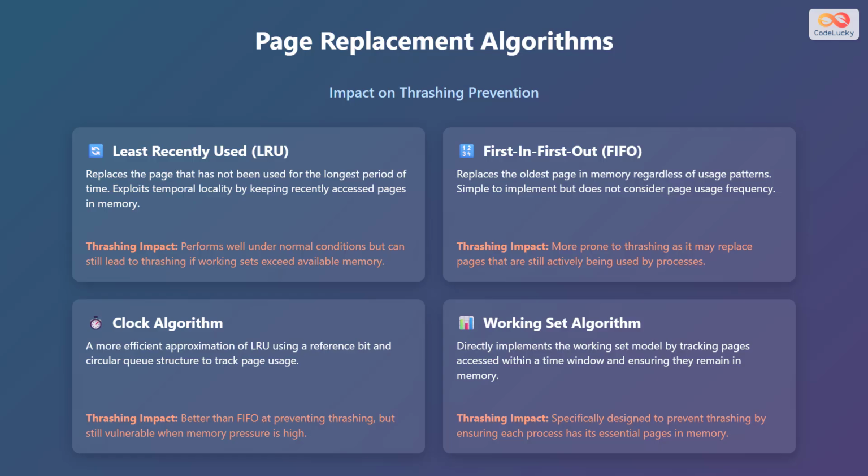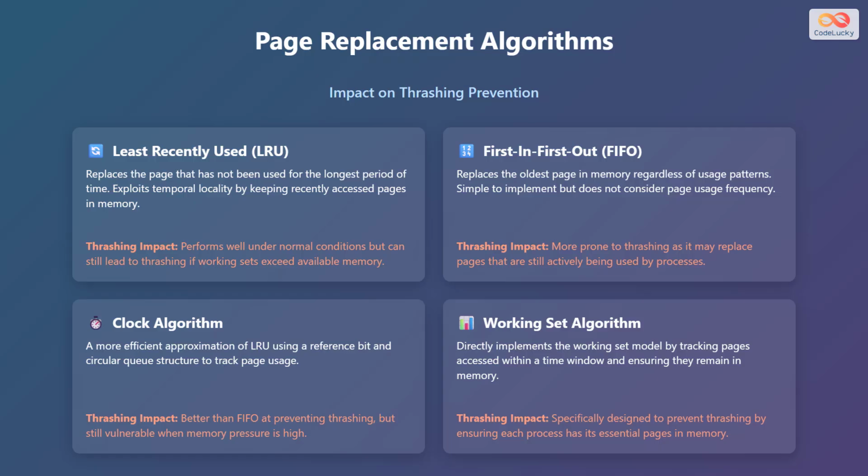Page replacement algorithms play a crucial role in thrashing prevention. Least recently used, or LRU, replaces the page that has not been used for the longest period of time, exploiting temporal locality by keeping recently accessed pages in memory. First in first out, or FIFO, replaces the oldest page in memory, regardless of usage patterns.